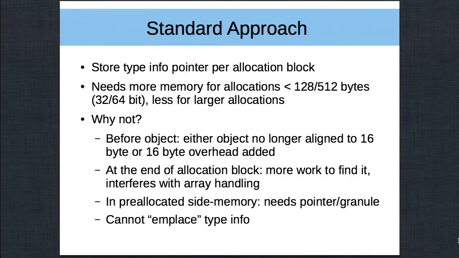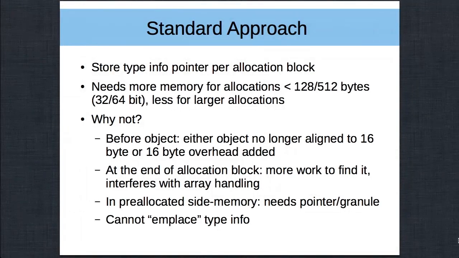Depending on the size of the allocation block, this needs more or less memory, but the threshold is rather large here. For small allocations, it will need more memory than the bitmap version.